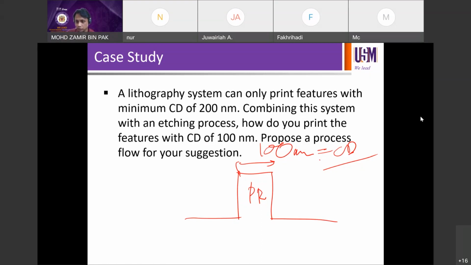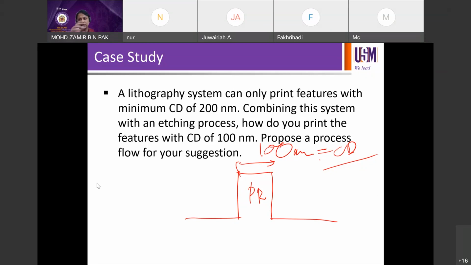Okay, let me see this question. Coba ya. Must use the same system? Yeah. Your system is capable of 200 minimum. You tak boleh print 150, you cannot print 120, of course 100 memang tak boleh lah. But then your process intends to produce 100. Your system boleh pergi 200 je minimum.